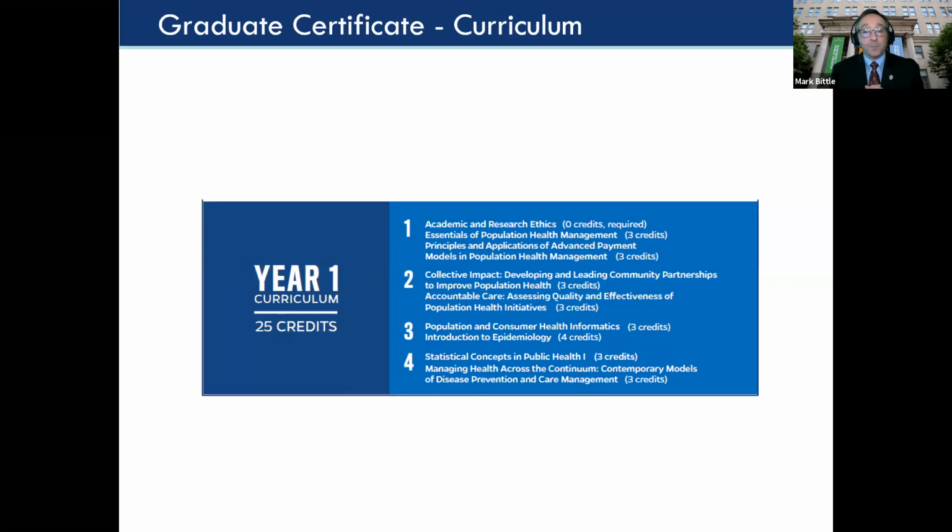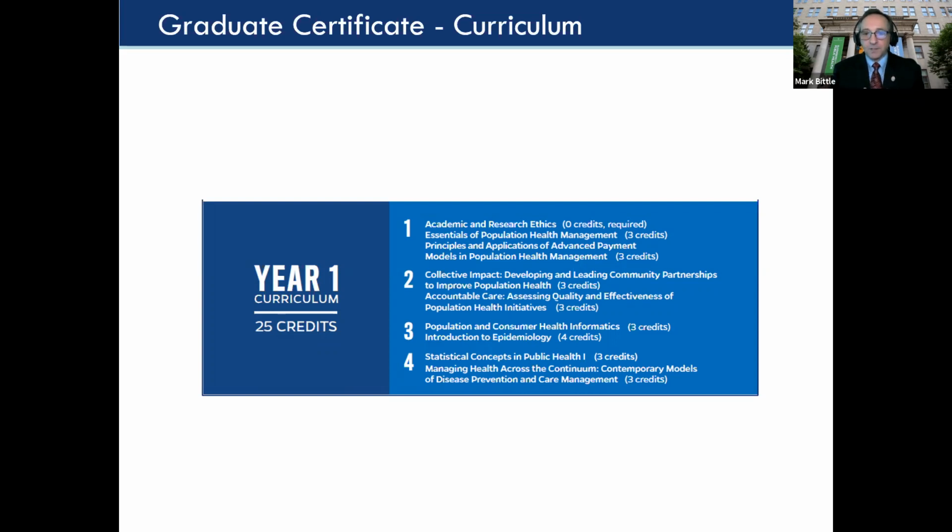That again, in the beginning of the program, gives you a sense of how we're paying for healthcare today, how that is evolving, making a case for why it's insufficient, and what we need to do in order to develop a true population health management approach.